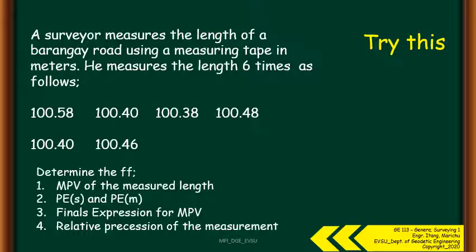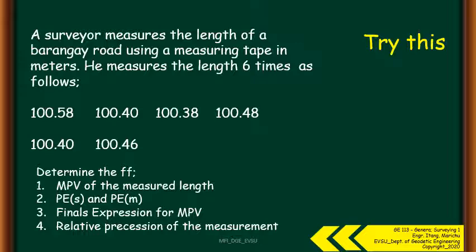So yung nakuha niyang value is almost the same, which is precise naman yung kanyang measurement because consistent ang kanyang values: 100.58, 100.48, 100.38, 100.48, 100.40, and 100.46. Now, we're going to determine the most probable value, the probable error of the single measurement, the probable error of the mean, the final expression of your MPV, and the relative precision of the measurement.